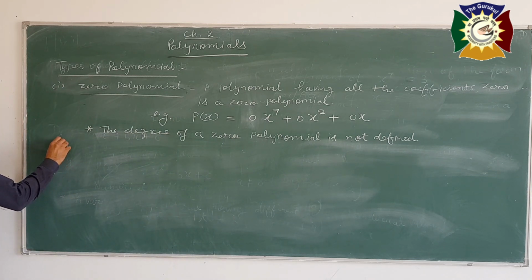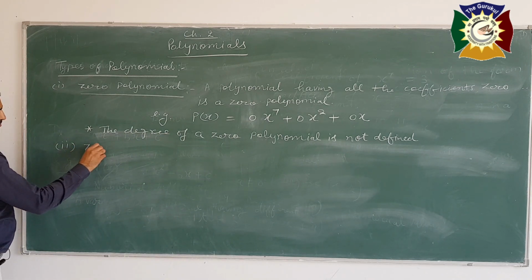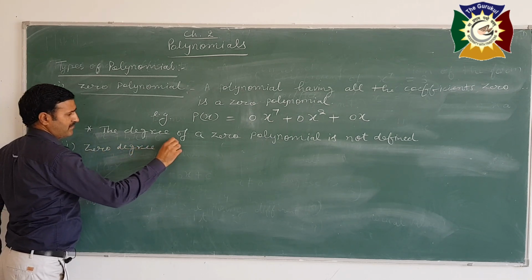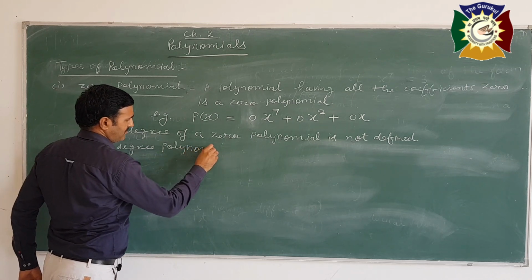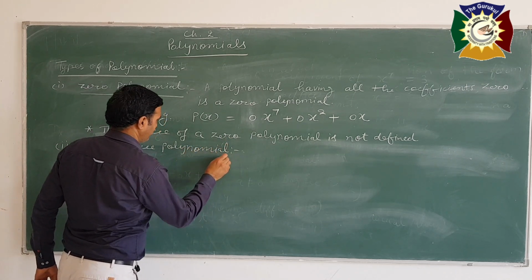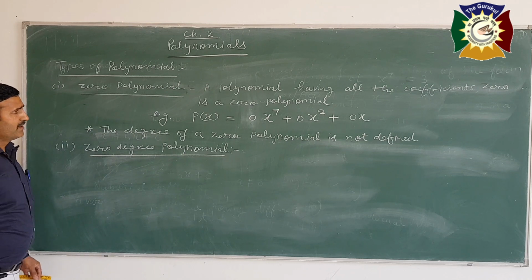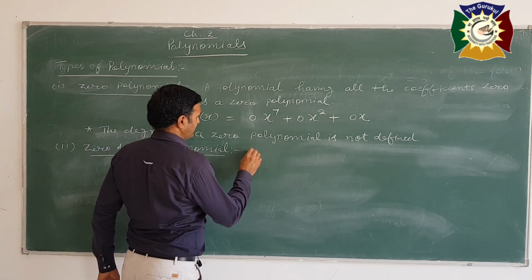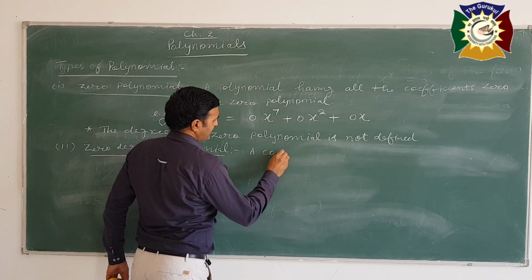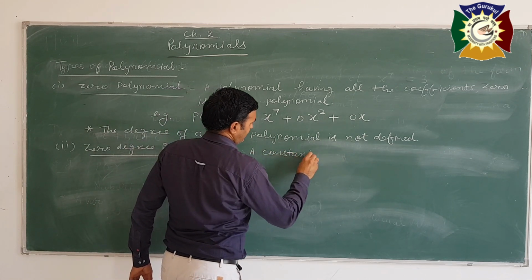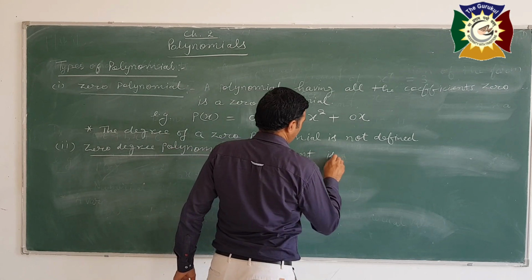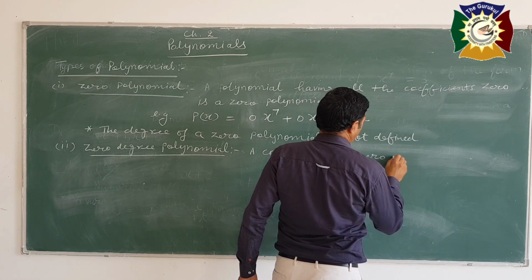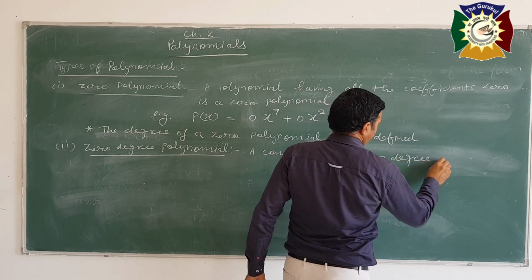The second type, zero degree polynomial. What is the zero degree polynomial? A constant is a 0-degree polynomial.